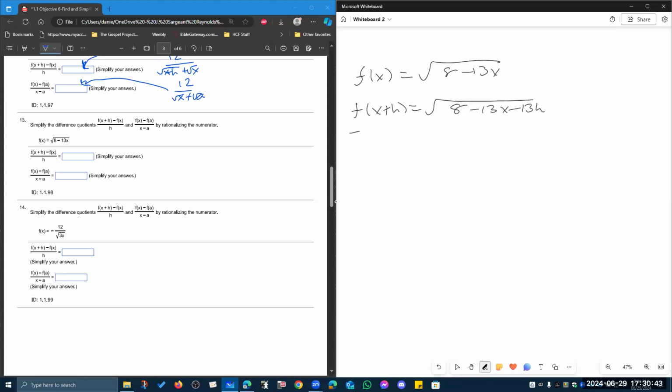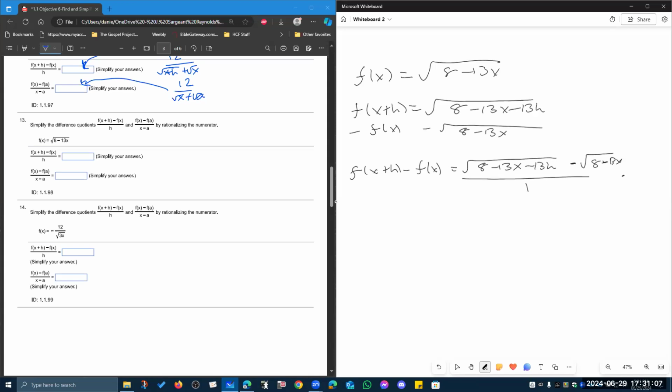When I subtract the original, I get f of x plus h minus f of x is root 8 minus 13x minus 13h minus root 8 minus 13x over 1, and I need to multiply by the conjugate.